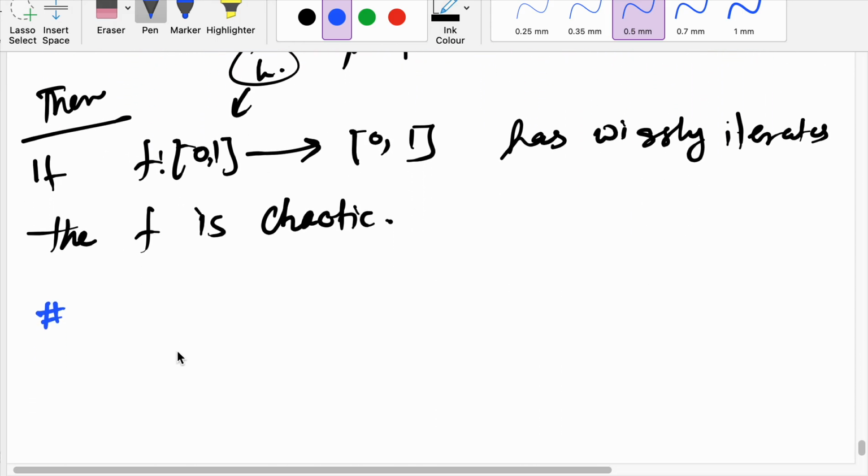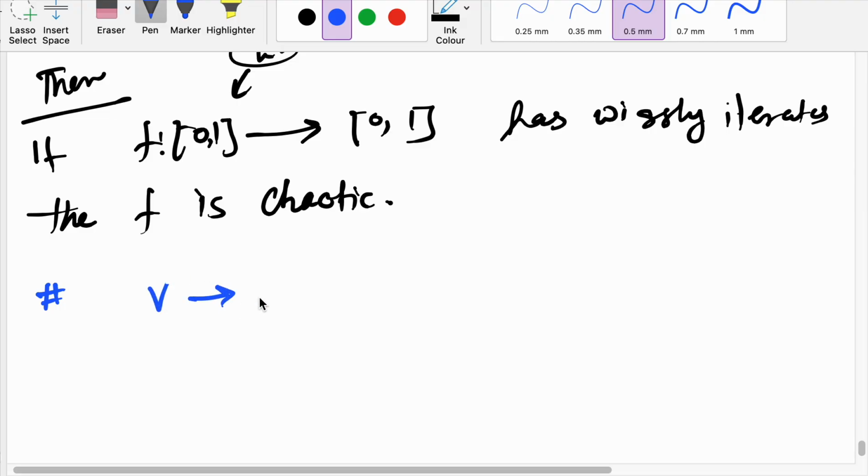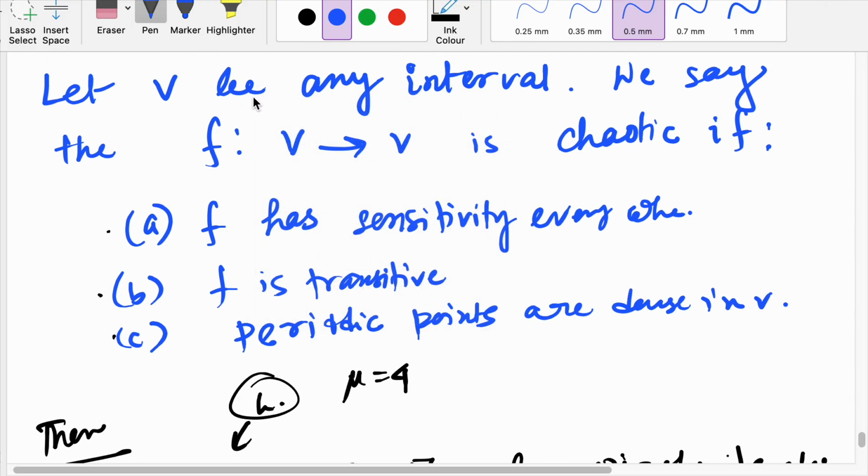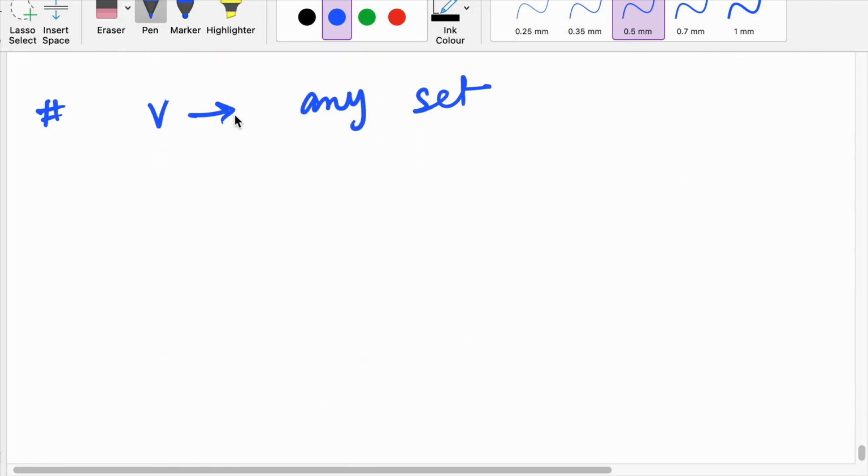If V is any set, not just an interval, we can find chaos in V. But for any set, we have to find a function d, which is called the distance function.